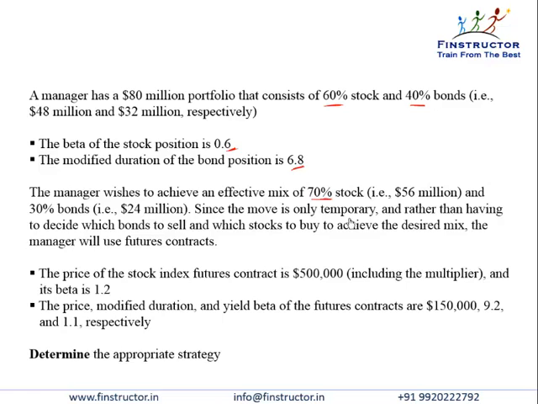Since the move is only temporary, and rather than having to decide which bonds to sell and which stocks to buy to achieve the desired mix, the manager will use futures contracts. The price of stock index futures is 0.5 million and its beta is 1.2.